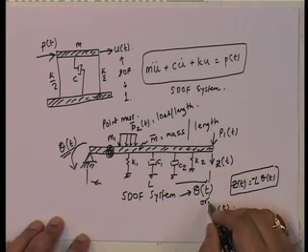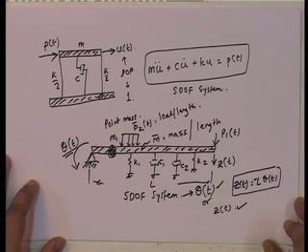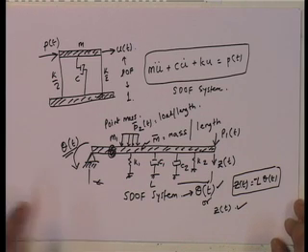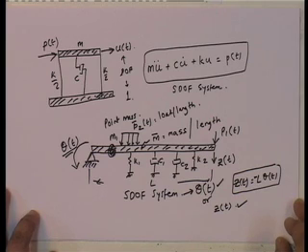However, I can choose this or this, and it does not matter which one I choose. I can choose either one of them. Okay. So, now how do I write down the equation of motion for such a structure? So, let us now look at this particular problem.